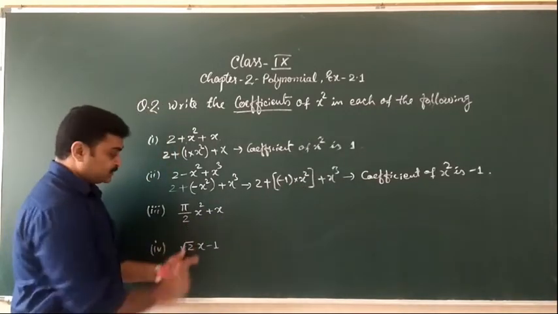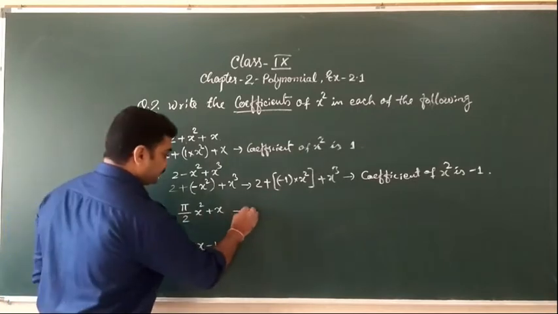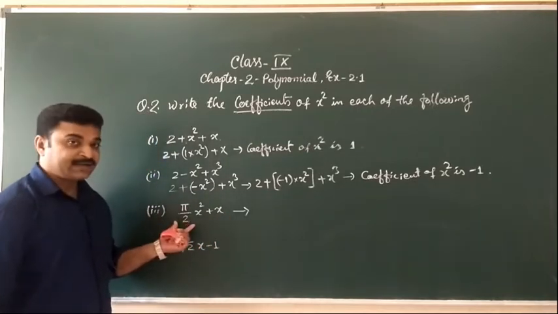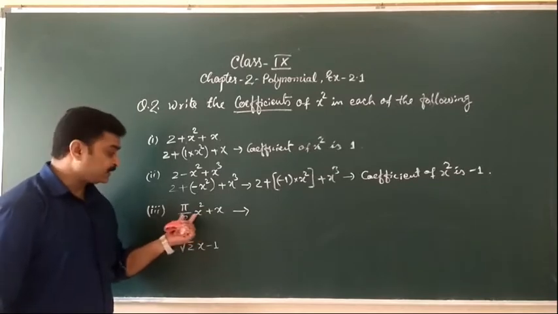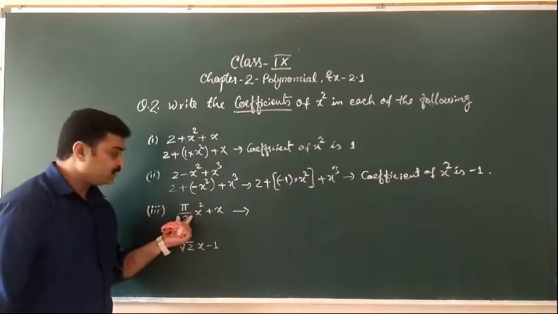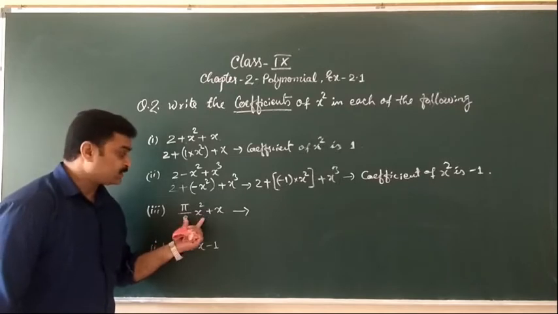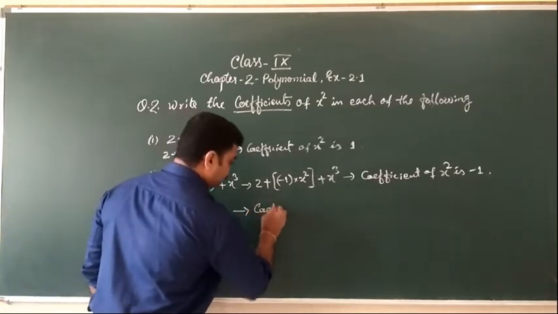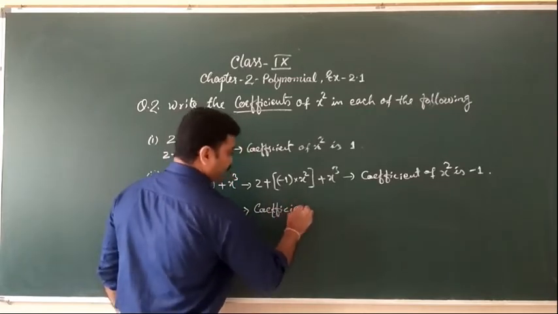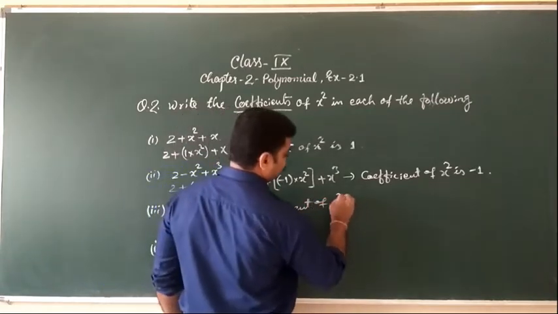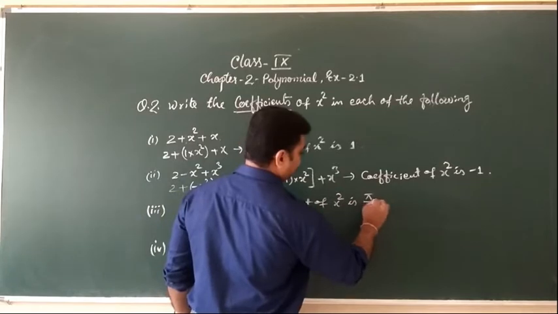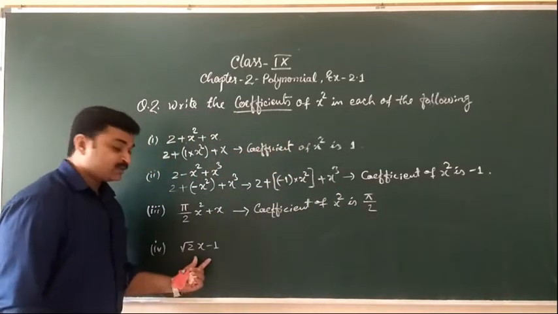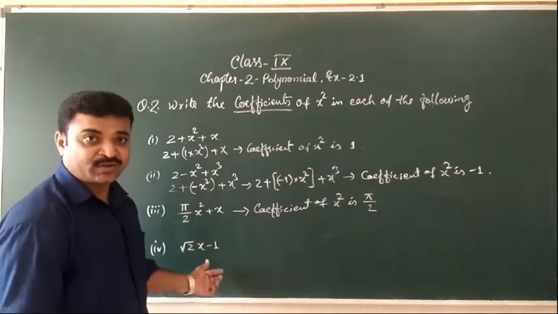In the third case, simply it is given pi by 2. It is a constant attached with the variable, so this much is the coefficient of x square, the term containing x square. So the coefficient of x square is pi by 2. And in this question there is no term containing x square.